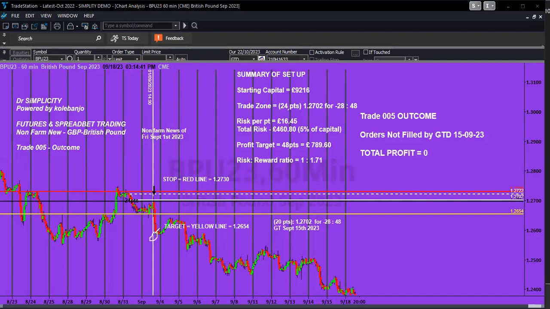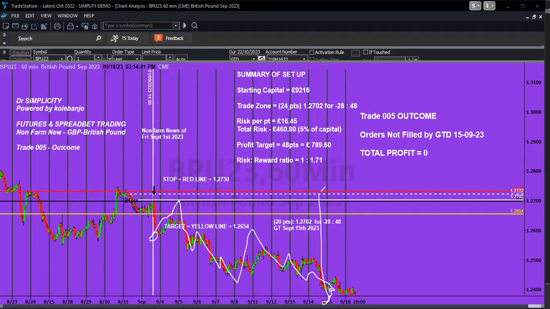We were hoping the market would track up. It did make an attempt to track up, but it didn't quite get to the destination. Rather, the market zigzagged its way all the way down. And by the 15th, as you can see, we were far, far away from our entry sell zone.